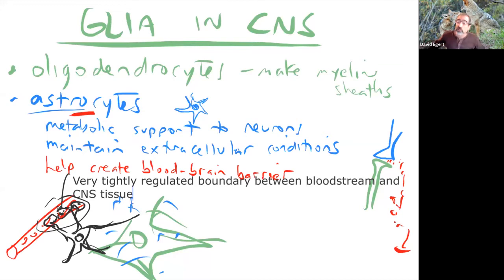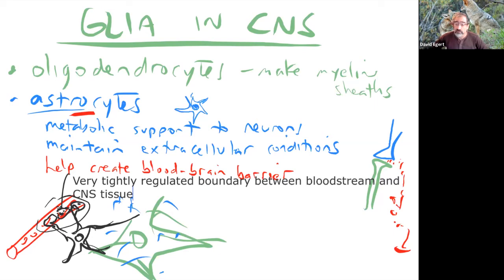This is an issue when you're designing therapeutic drugs that are supposed to work on the central nervous system. You might have some drug that is awesome. It's going to help somebody if it actually gets to the nerves or the neurons, but it doesn't get there, because even if you inject it and it's in their bloodstream, it still doesn't leave the bloodstream and get into the spaces around the neurons.